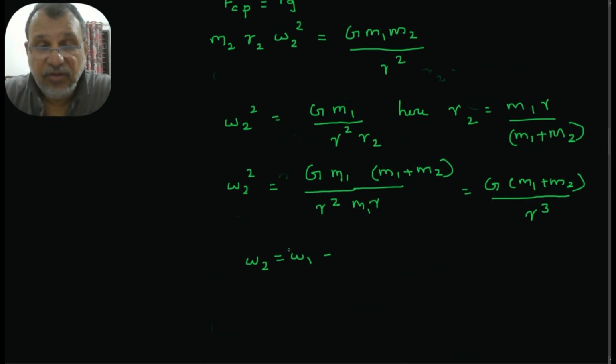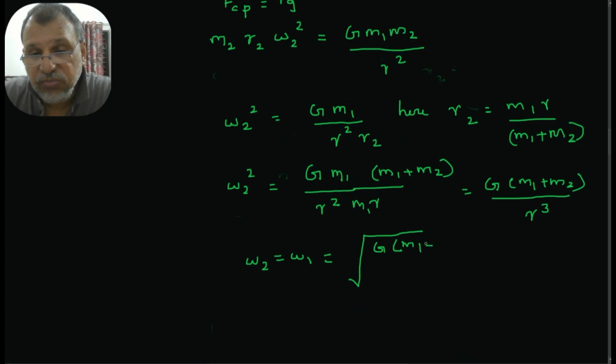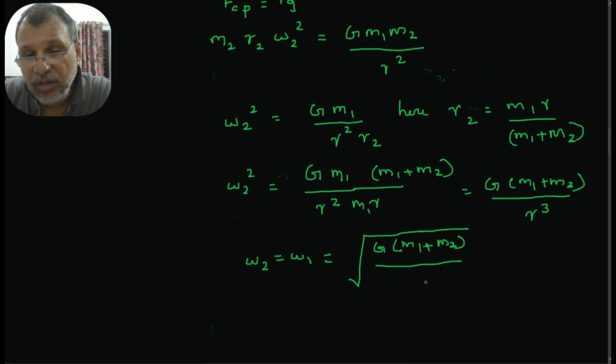Omega 1 is equal to, you need to take the square root, G times M1 plus M2 over R cube.